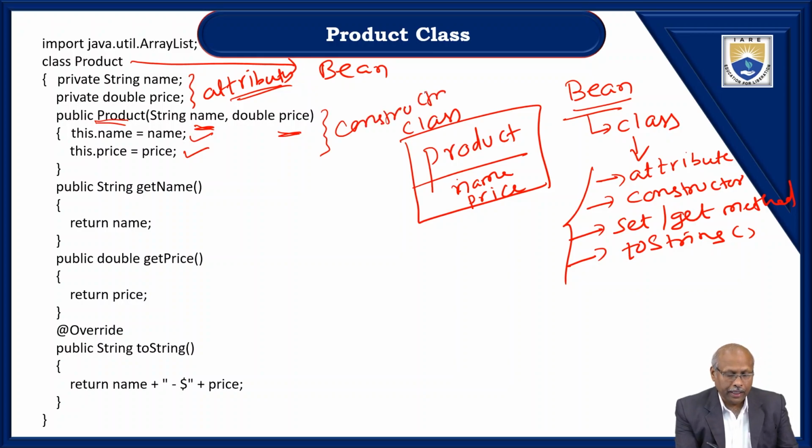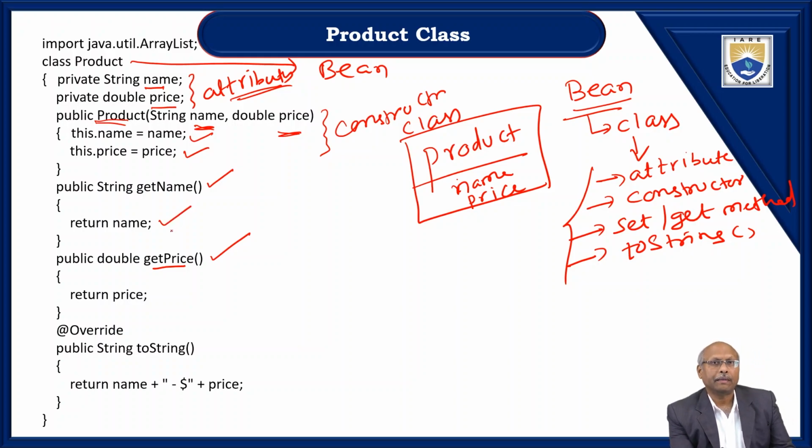And then you have to write setter and getter methods. Generally, you can write the getter method, setter method, or both also. Let me write the getter methods, getName and getPrice. getName is the getter method for the name attribute. Similarly, getPrice is the getter method for the price attribute. Whenever I call getName, I will get the name of the item.